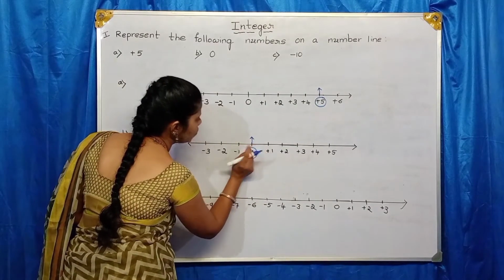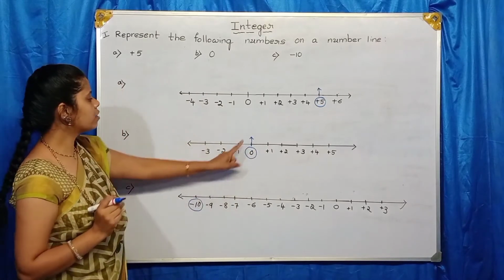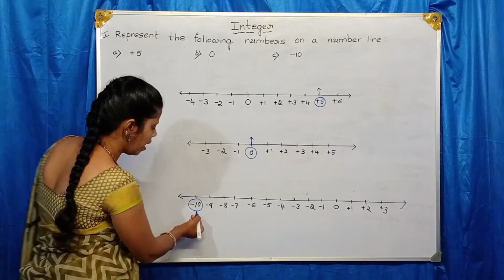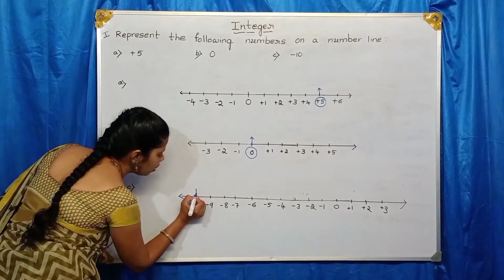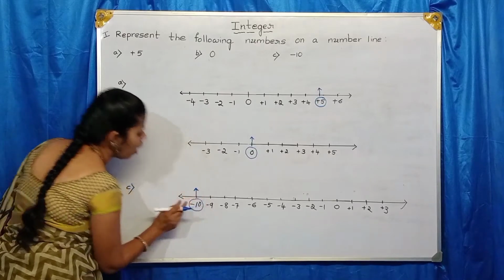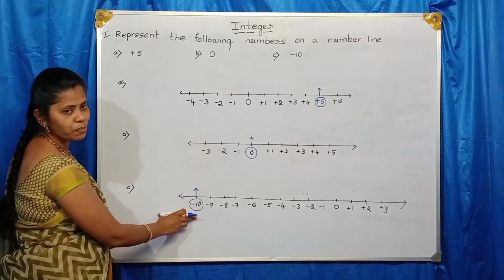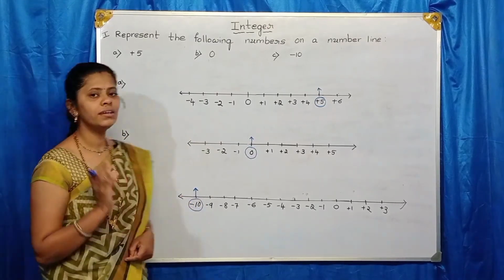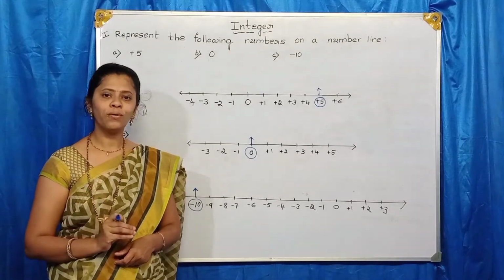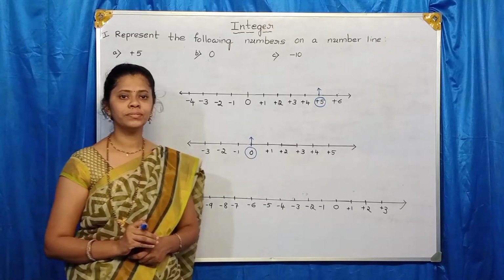So, we will write an arrow mark here. It represents 0 on a number line. And we will write an arrow mark here. It represents minus 10 on a number line. These problems are very easy. I hope you have understood.